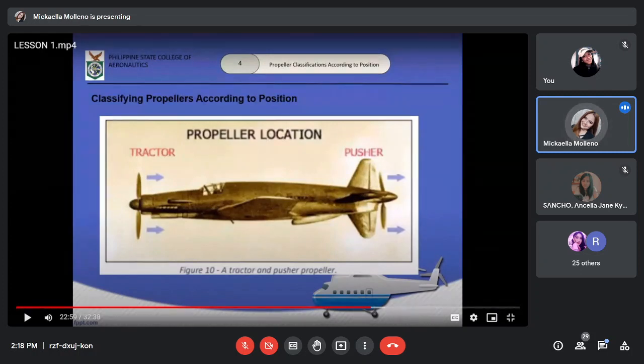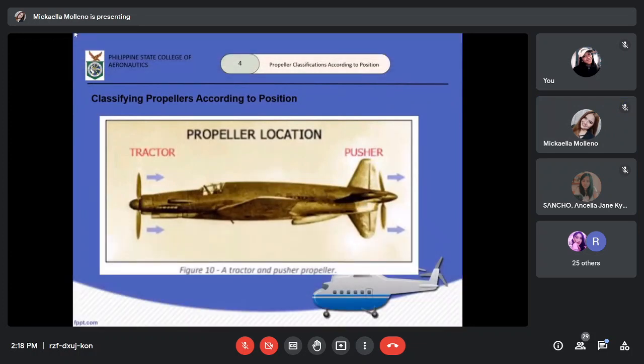So kindly take note of that, pusher and puller. So when we talk about which one is more commonly used, we would say it is the tractor, and yung pusher, take note lang, is ginagamit siya sa seaplanes, mostly sa seaplanes.